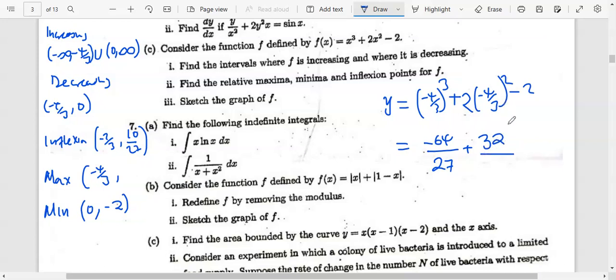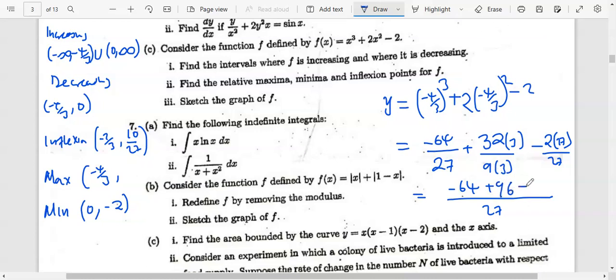Then down you are going to have 3 times 3 squared, which is 9. To make the bases the same, I multiply by 3 on top and bottom. And then we have 2, but to make the bases the same, multiply by 27, top and bottom. Since the bases are the same, I'll put the 27 down. On top I've got negative 64 plus 2 times 3, 96, minus 2 times 27, 54.